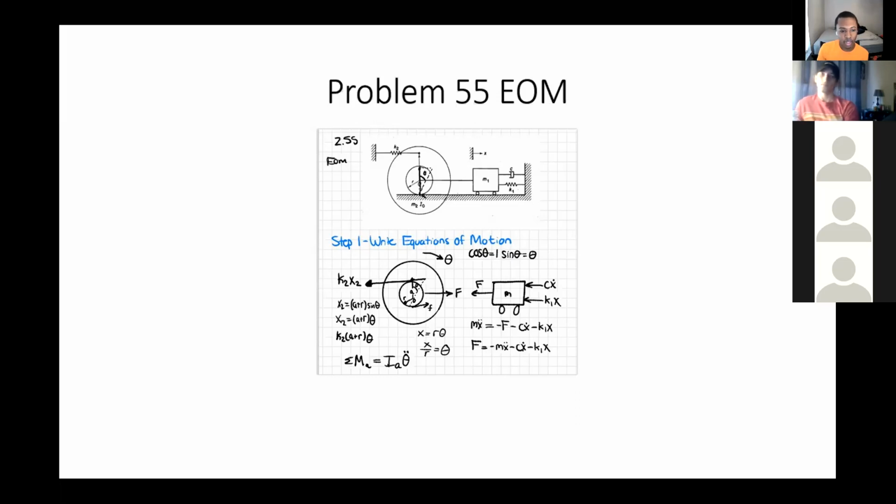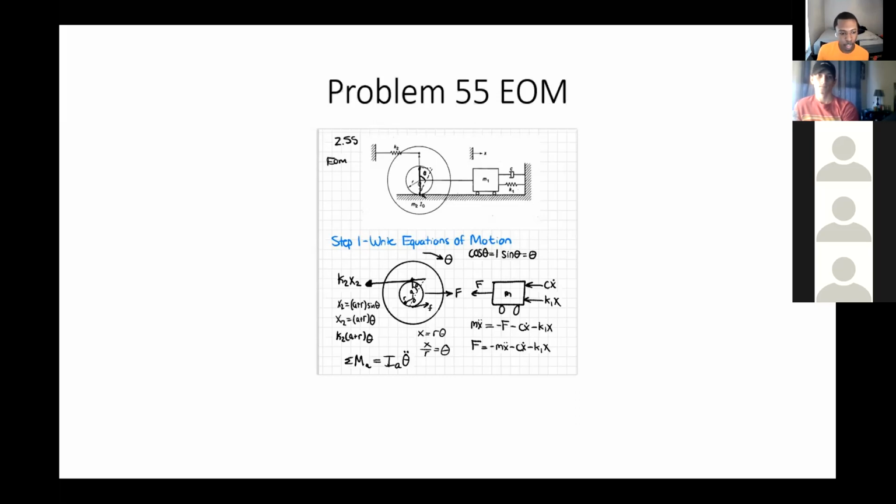So when you take the moment at the friction force, your K2 X2 would be at a distance A plus R. Does everybody see that? Okay, cool.